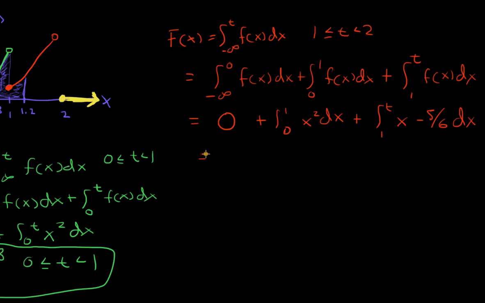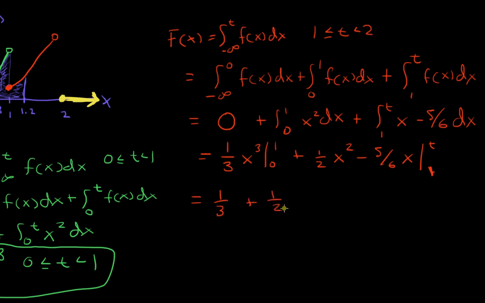All right, go ahead and take these integrals. This one would come out to 1/3 x cubed evaluated from 0 to 1. This is 1/2 x squared minus 5/6 x evaluated from 1 to t. Okay, go ahead and do your bounds.